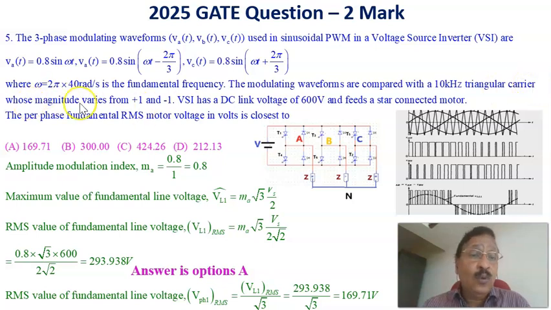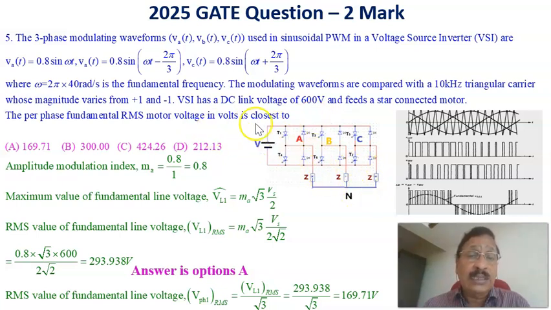whose magnitude varies from +1 to -1, and the voltage source inverter has a DC link voltage of 600 volts and feeds a star-connected motor load. The per phase fundamental RMS motor voltage in volts is closest to, that is the per phase voltage, a three phase load being considered here.